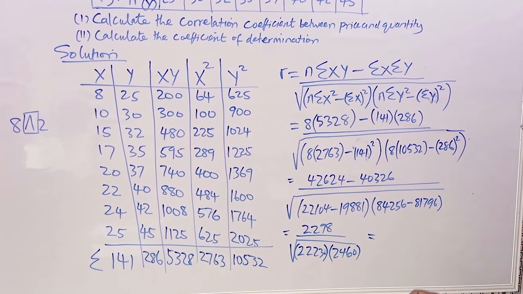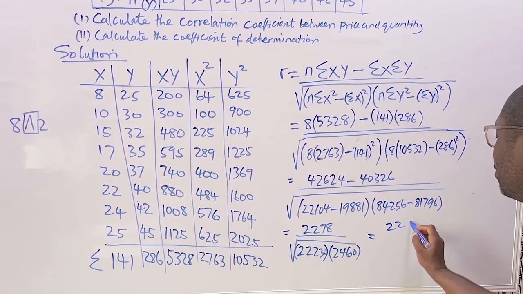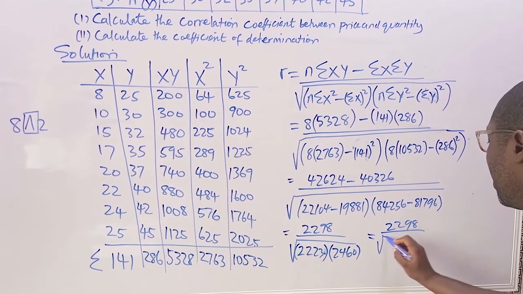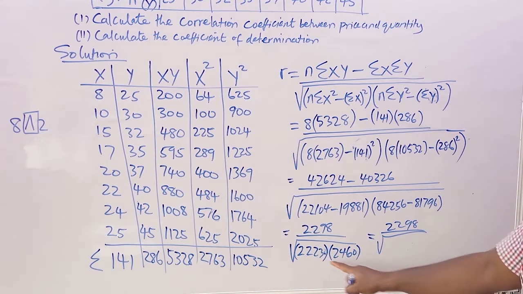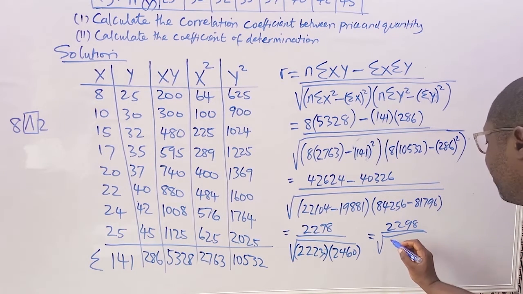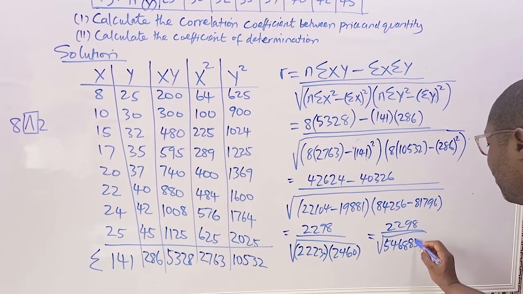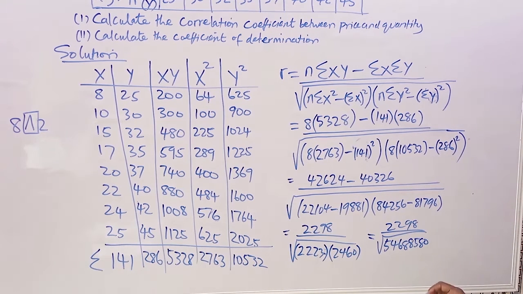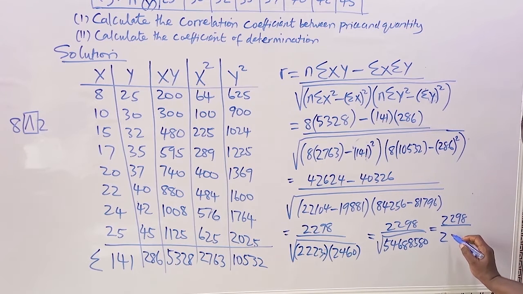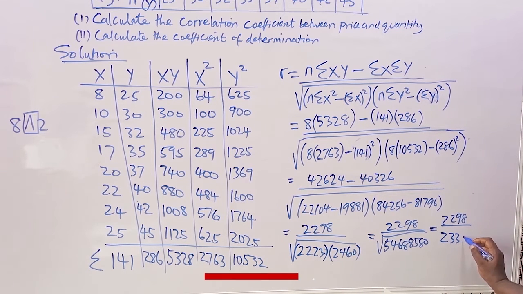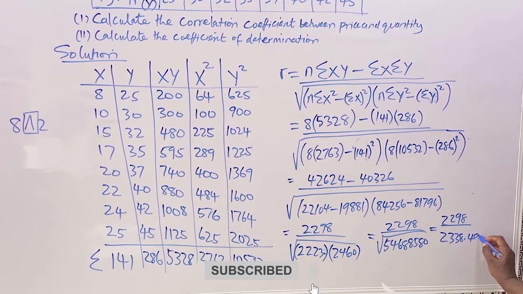Now we can shift this here to give us 2298 divided by the square root of, if we multiply this through, we're going to get 54,688,580, and then we further move on to having 2298 divided by the square root of this, that will give us 2338.49.